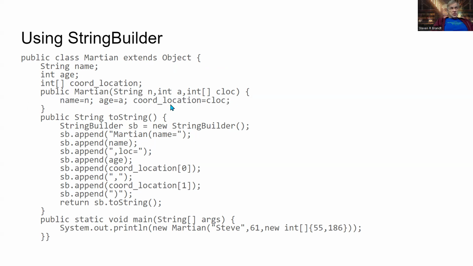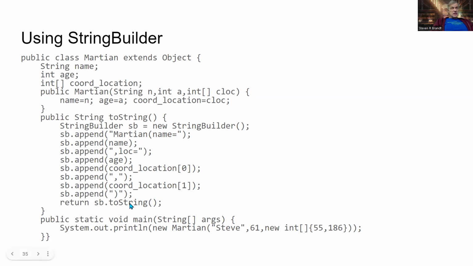And then I set all those values inside the constructor. Now in my toString method, I'm going to create a StringBuilder. I'm going to append a string, and then I'm going to append a name and another string and the age, and then the two coordinate locations separated by a space.